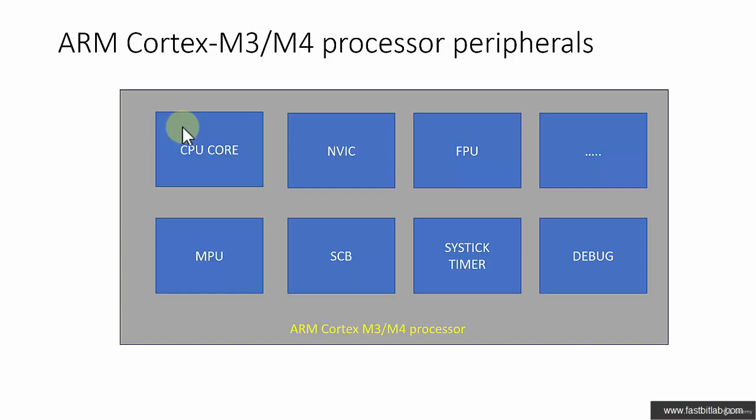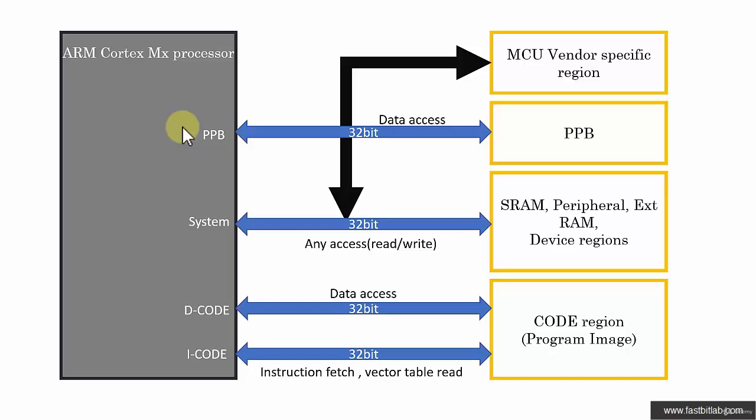They also come with their own register sets to control them. All these register sets, which control the functionality of the processor and processor-specific peripherals, are part of the PPB, the private peripheral bus region, which is accessed by a separate bus also called PPB.